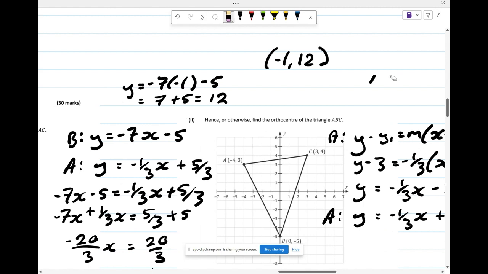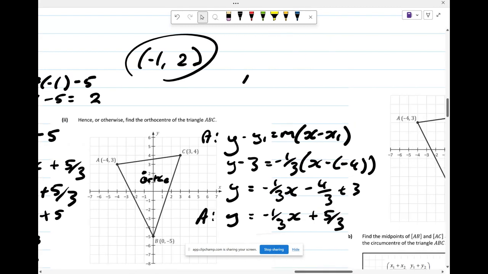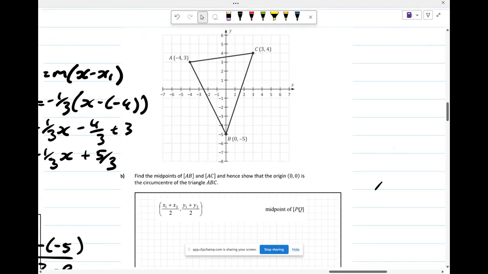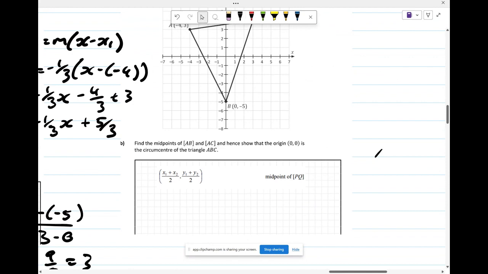So that would be 7 minus 5, and that'll be 2. So our point is going to be minus 1, 2, which is minus 1, 2 there. So this here I'll call just ortho. So that is our orthocenter. But anyway, back to the question we were doing. It says find the midpoints of AB and AC, and show that the origin is the circumcenter.